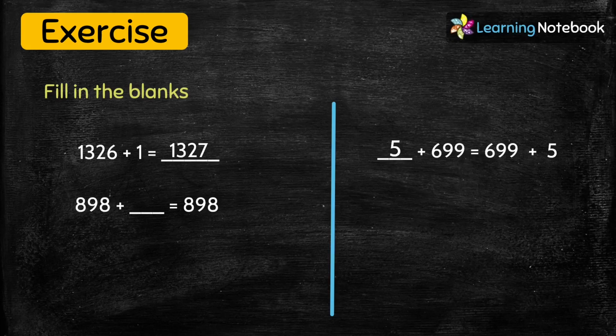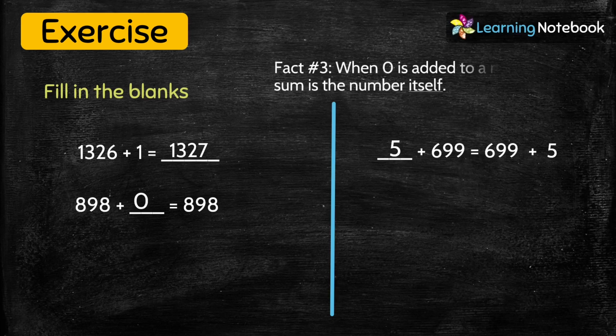Next question is 898 plus dash equals 898. So what would be the answer here? Yes, it is 0 because according to addition fact 3, when 0 is added to a number, the sum is the number itself.